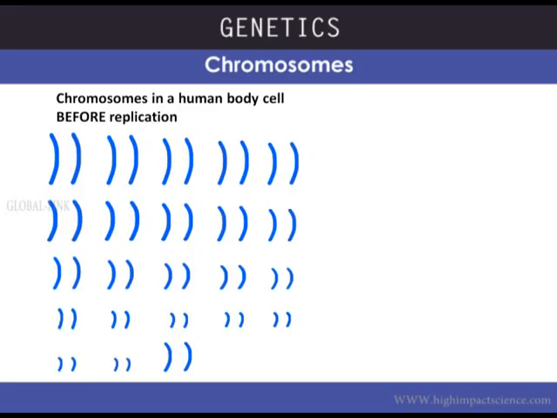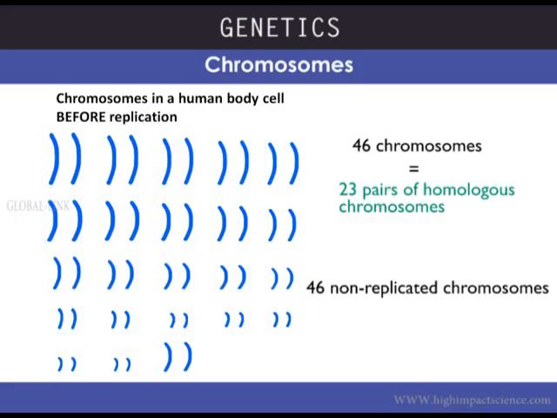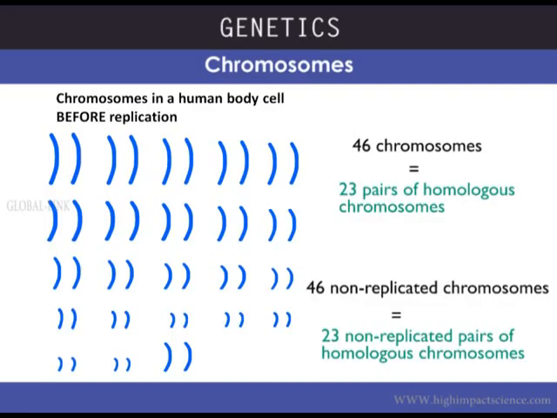If you look at the human body cells, there are 46 chromosomes, and each chromosome has a homologous partner. This means there are 23 pairs of homologous chromosomes. In this case, the cell has not yet undergone DNA replication or the interphase. So we say that we have 46 non-replicated chromosomes, which is basically 23 non-replicated pairs of homologous chromosomes.